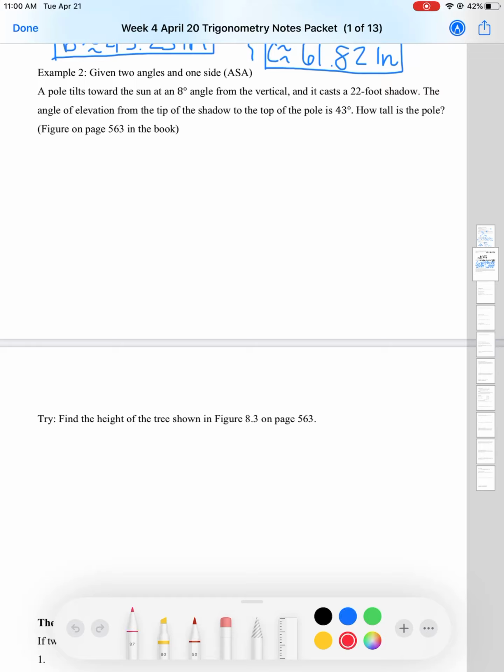So we've got a pole tilting at an angle. It's not vertical, it's tilting. Here's the ground. Say this is vertical right here. That's your vertical angle. We're obviously going to be making a triangle here.